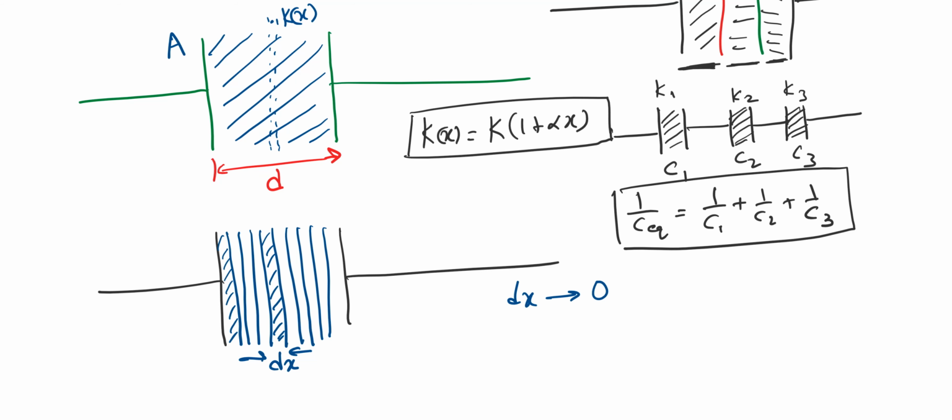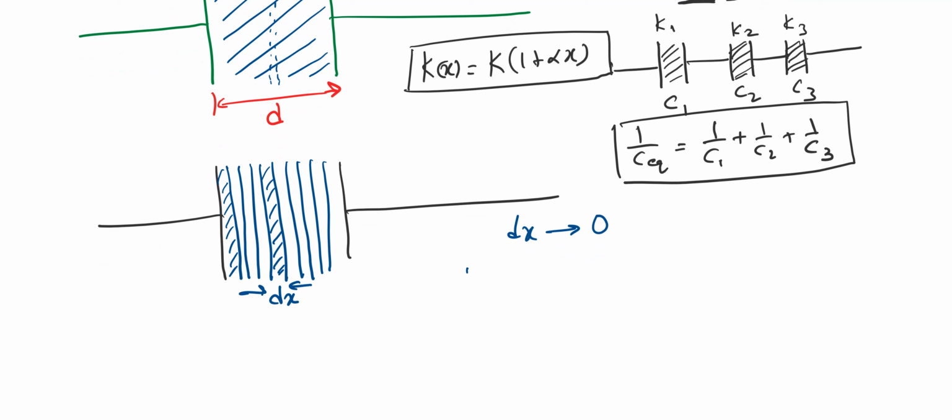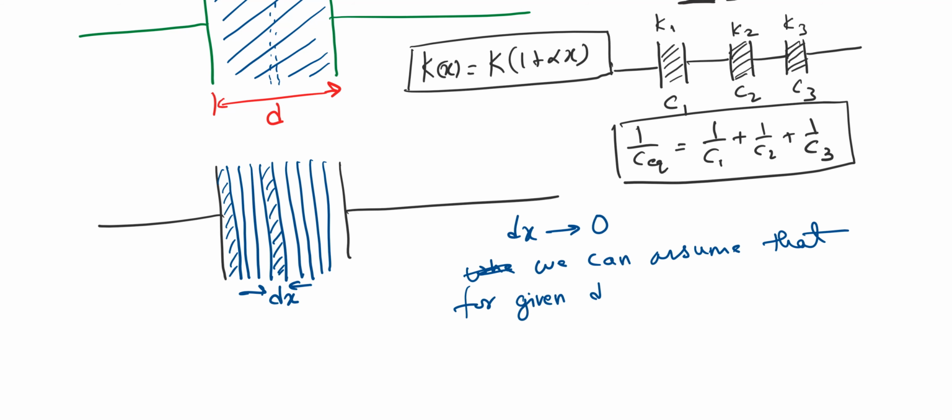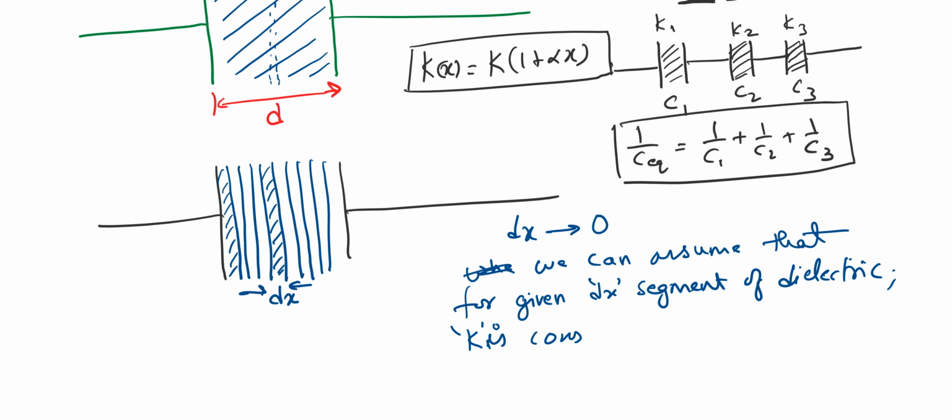That means we can assume that for a given dx segment of dielectric, the dielectric constant K is constant.